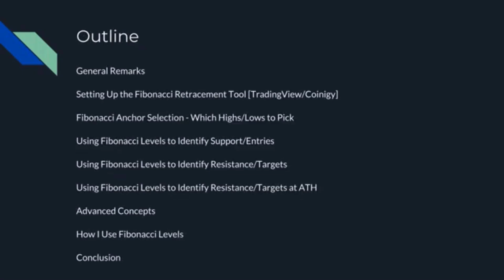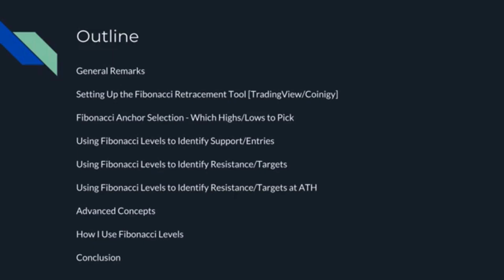As always, we'll quickly skim through the outline of this lecture. They tend to be quite lengthy, so it helps to break it down, especially if you're coming back to it and reminding yourself of a certain part of it. So we'll start off with some general remarks. Then we'll talk about setting up the tool. We'll then talk about anchor selection. It's very easy to say, oh, you just go from the swing low to the swing high, or from the swing high to the swing low, but there is a level of nuance involved, and I will hope to cover that.